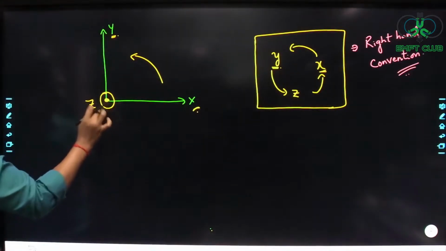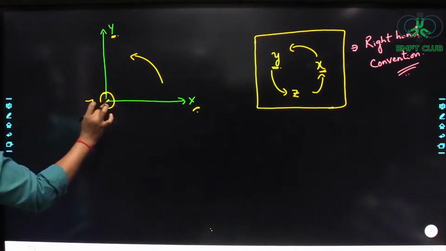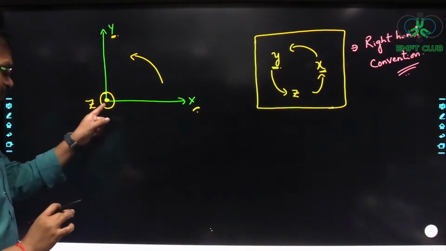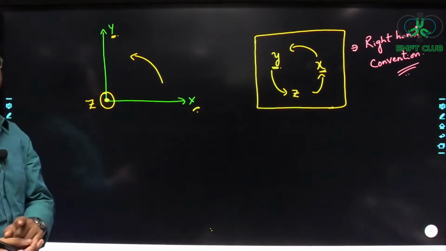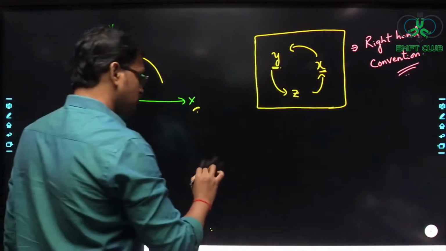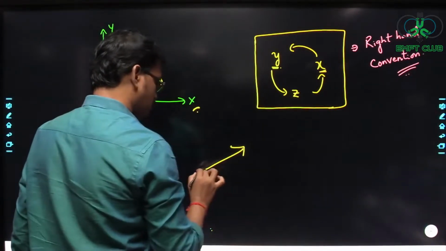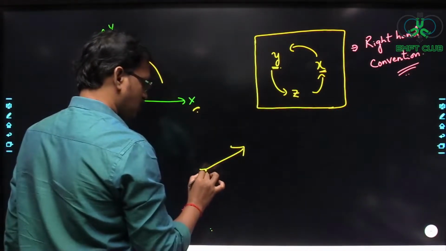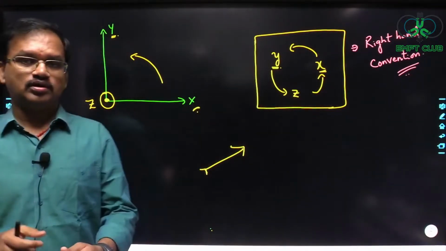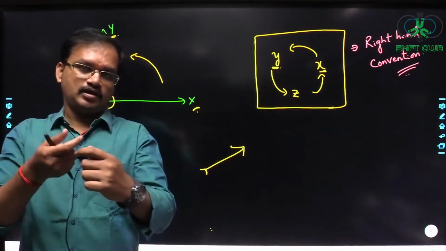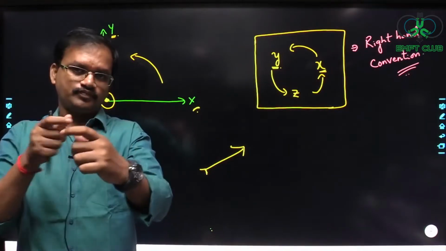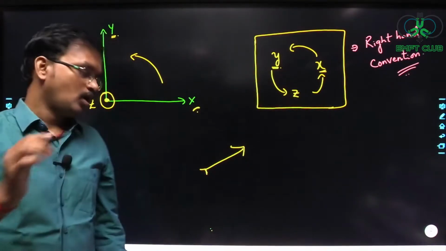I have already explained that this symbol represents a vector pointing out of the board. If you throw an arrow towards you, what are you going to see?